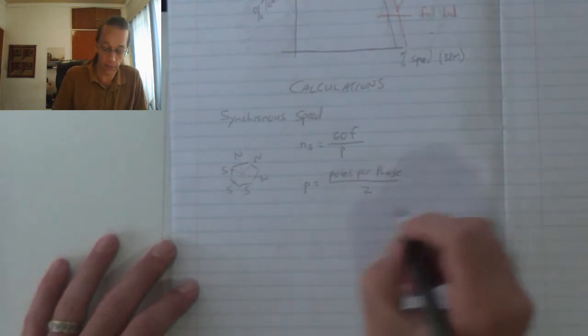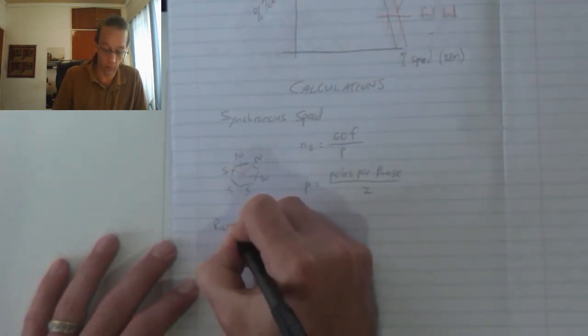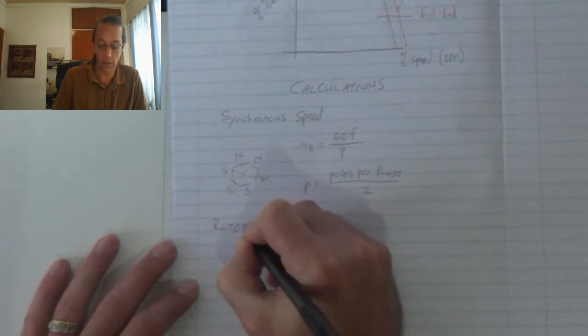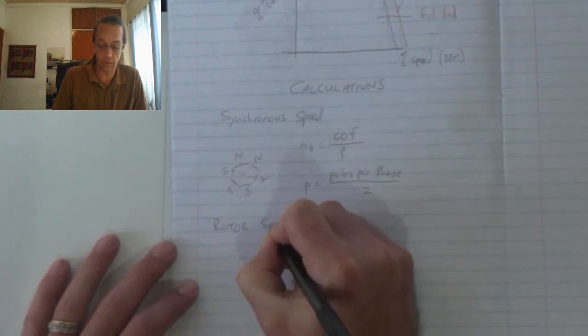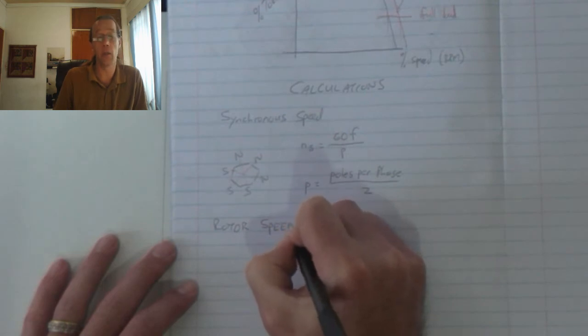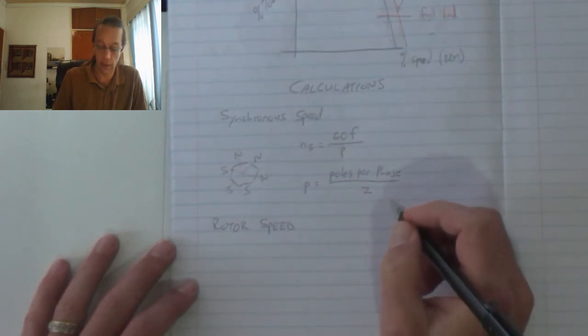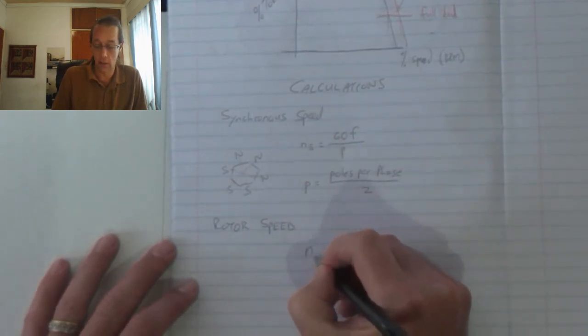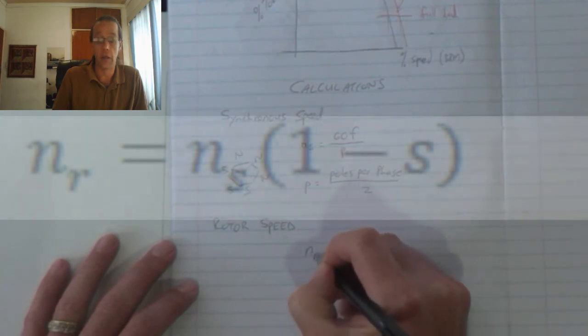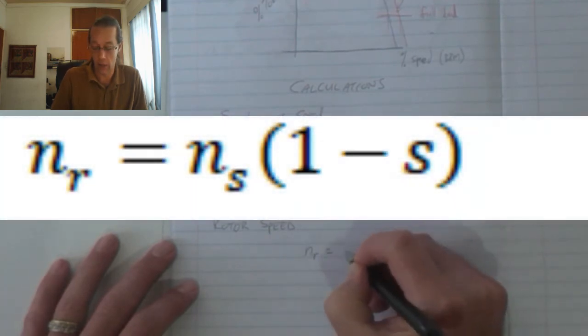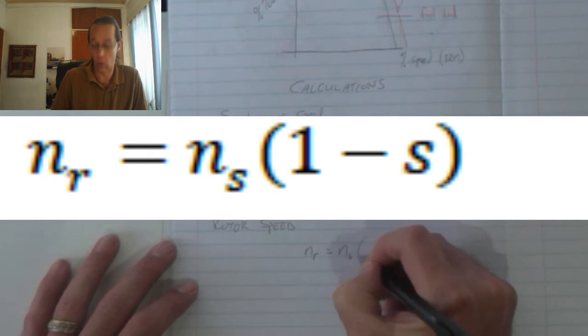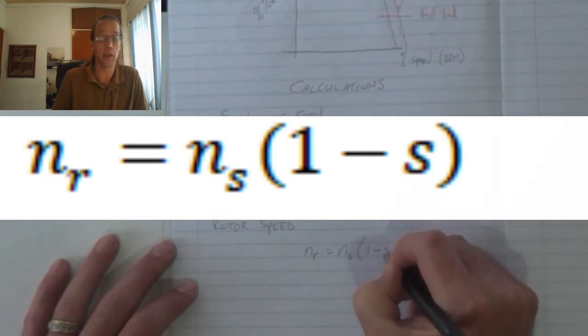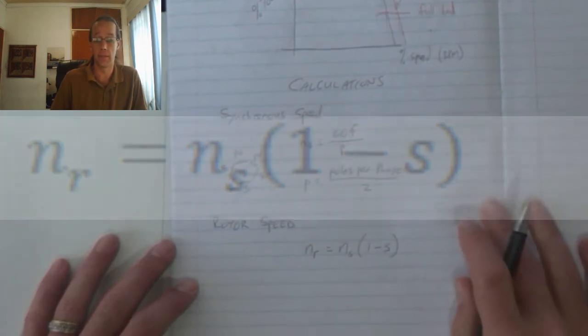The rotational speed, or the rotor speed, that's the speed at which the rotor is actually moving. NR is equal to NS multiplied by 1 minus S, where S is the slip.